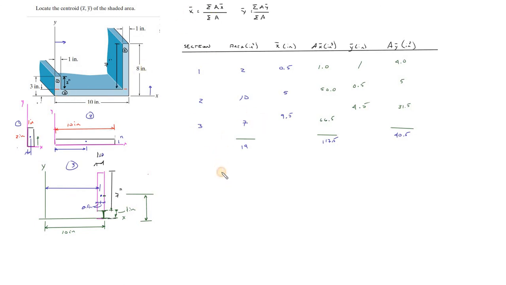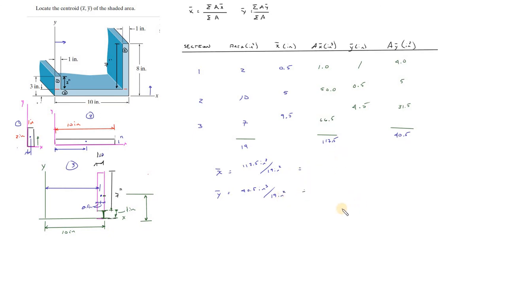So plug into my equation then. I get x bar is going to be 117.5 inches cubed divided by 19 inches squared, and y bar is going to be 40.5 inches cubed divided by 19 inches squared.